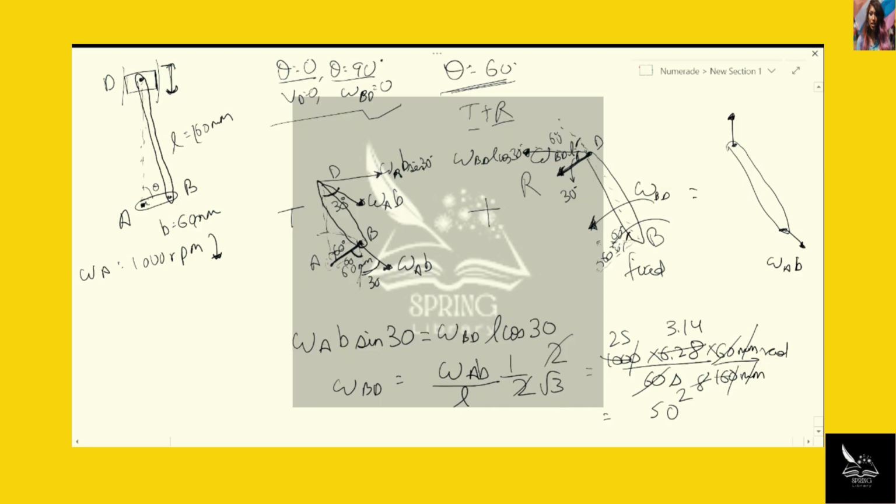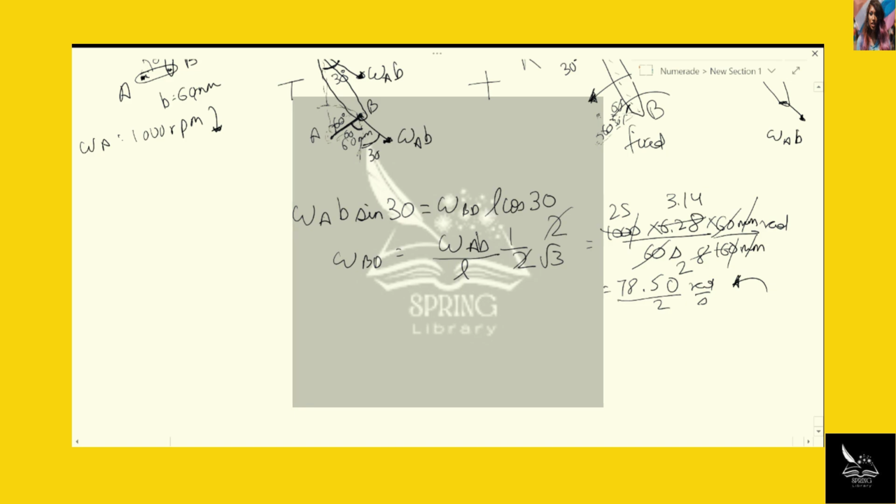Point 25 threes are 75 plus 3, 78.50 divided by 2 radians per second, and no change of direction, so no minus sign, so it's going to be anti-clockwise. So the final answer will be 34.25 radians per second anti-clockwise.